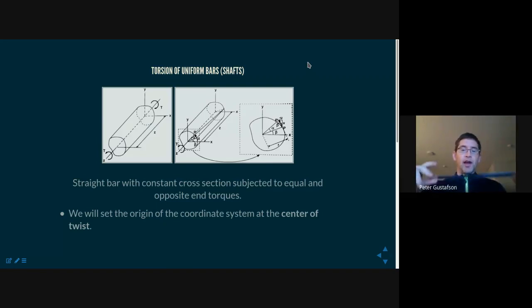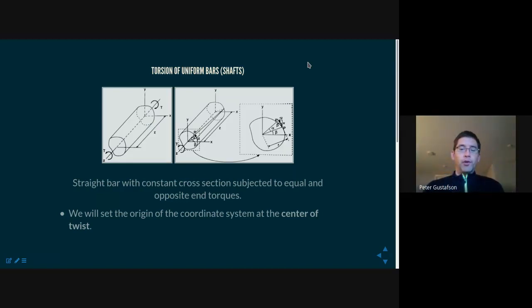When I say I'm applying equal and opposite torques, I don't know if you're able to see both my hands, but you can see that I am twisting on one end and twisting the opposite direction on the other end, and therefore we're deforming this ruler in a torsional mode so that one end is twisting relative to the other.